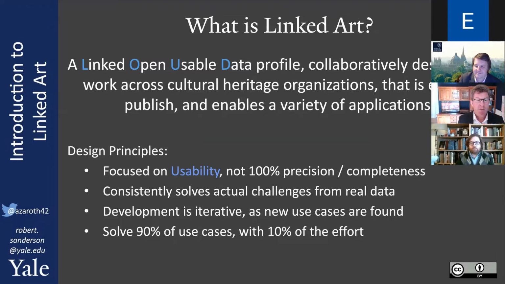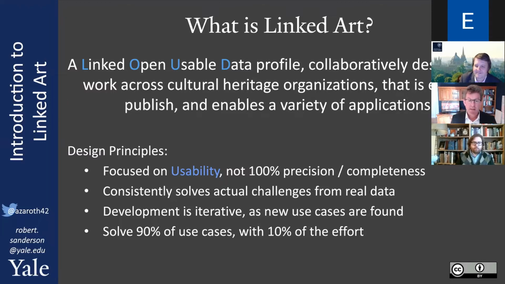We are focused on usability, and hence we put it right up front in that definition, rather than on 100% precision or completeness. So we would rather have data that's usable than data that's perfect but not usable, because if it's not usable, it won't be used. If it's not used, we've all wasted our time in publishing it.